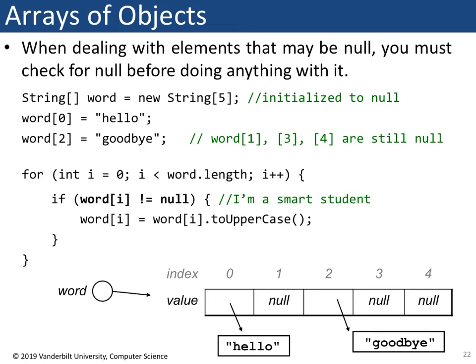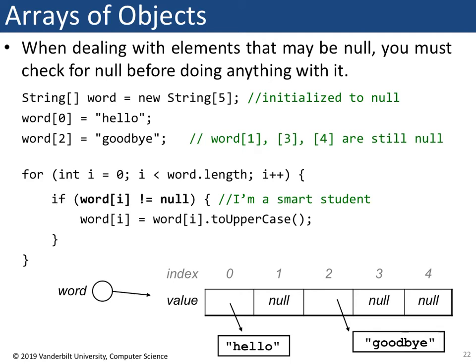So in this code, we're creating the string array called word with 5 elements. We are then setting word 0 to be the string hello, but understand what's actually happening. This is a reference to a string array object, and each of the elements in that array is intended to hold a reference to a string object.